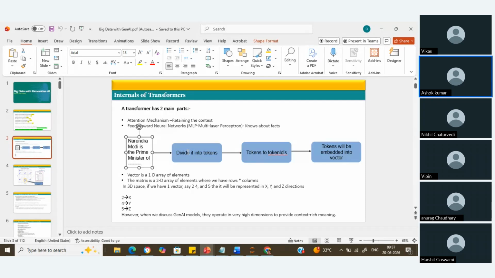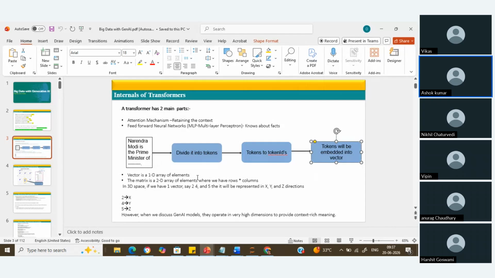Technically, three types of tokenization schemes exist: word level, subword level, and character level. We have seen them in detail in our previous session. The sentence is converted into tokens, tokens into token IDs, and then the tokens are embedded into vectors.